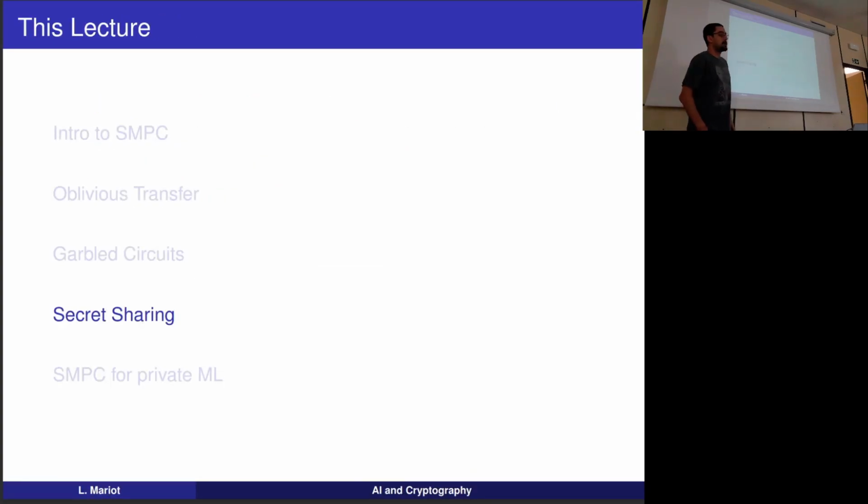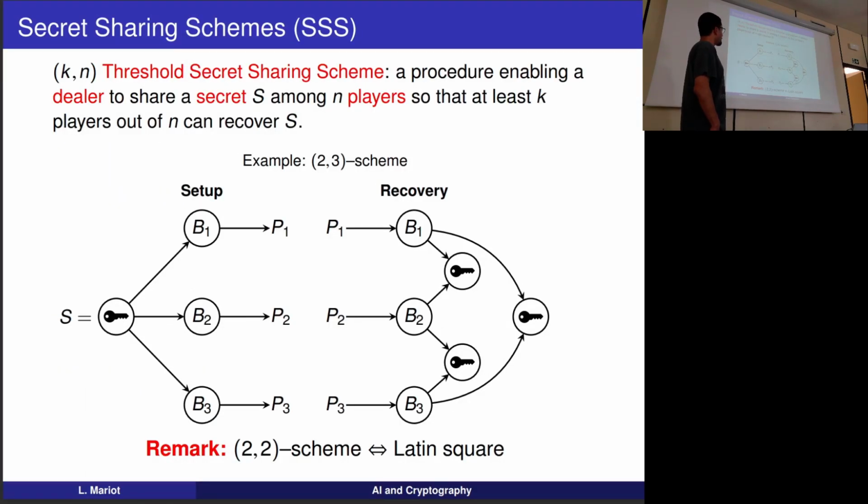So now we are going back a bit to secret sharing that we already introduced a couple of lectures ago. Just to recall, secret sharing is a protocol that gives the possibility to a dealer, a central party, to share secret information among a set of n players in such a way that, for example, in the threshold secret sharing setup, we need at least k out of n players to recombine their shares to reconstruct the original secret.